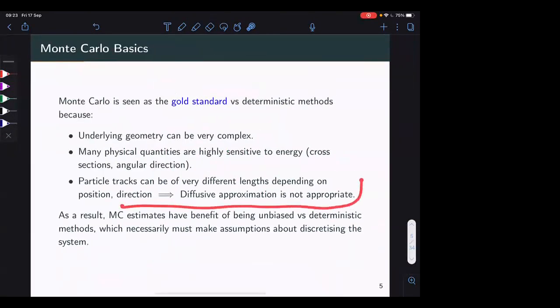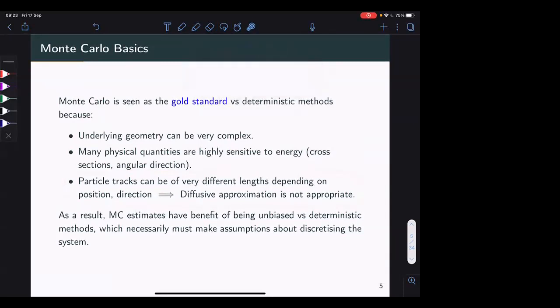And again, there are many codes that use diffusive approximations in the reactor at different levels, and sometimes they can work well, but you have to have a good understanding of what's going on in order to make that approximation, and it could be very hard to quantify how wrong the diffusive approximation may be.